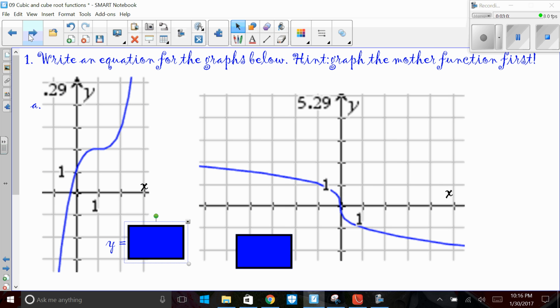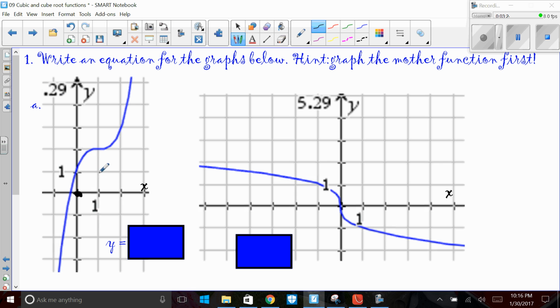So sometimes they ask you to write equations of given graphs. And the hint here is to think, okay, what's the mother function for this graph? For this first one, the mother function is the cubic, y equals x cubed. When x is 0, y is 0, because 0 cubed is 0.